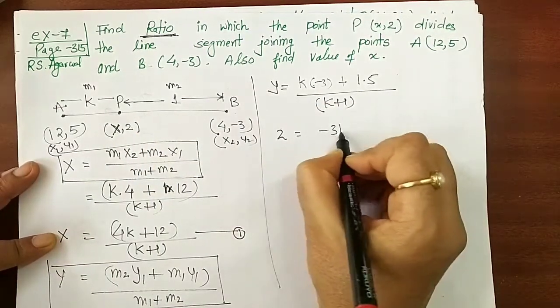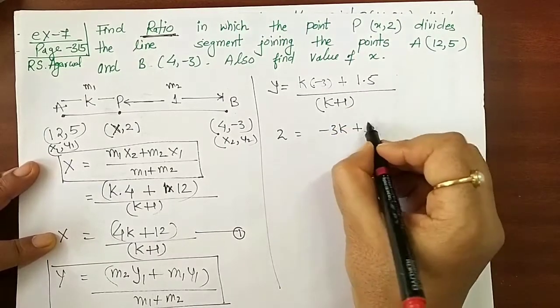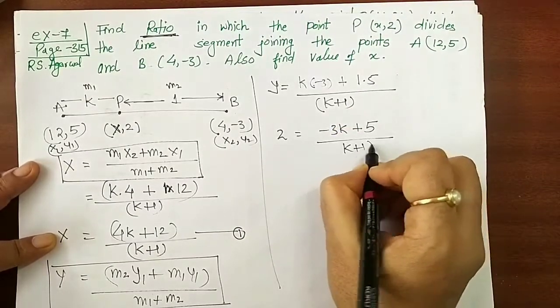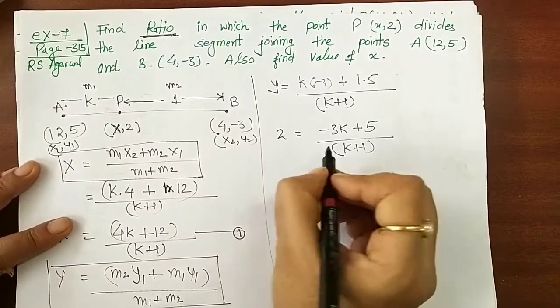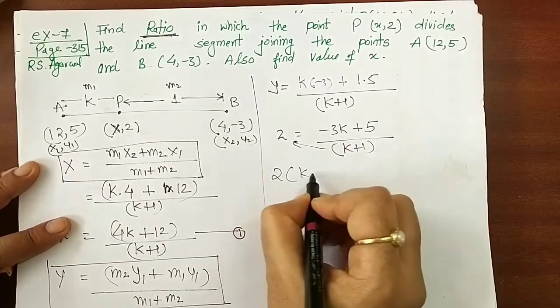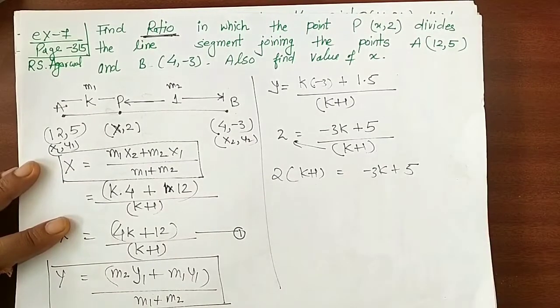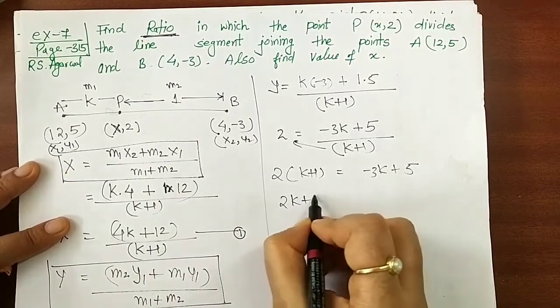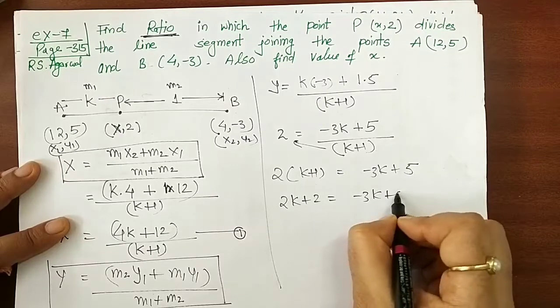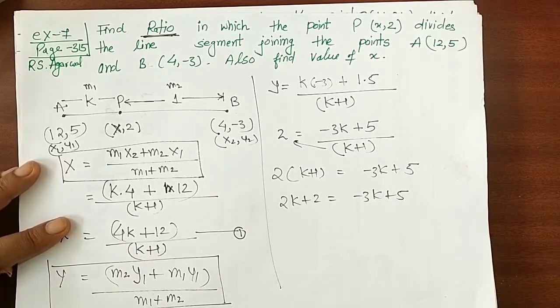2 is equal to minus 3k plus 1 into 5, which is 5, by k plus 1. Now can I take it here? So twice of k plus 1 equals minus 3k plus 5. Can I write 2k plus 2 equals minus 3k plus 5?